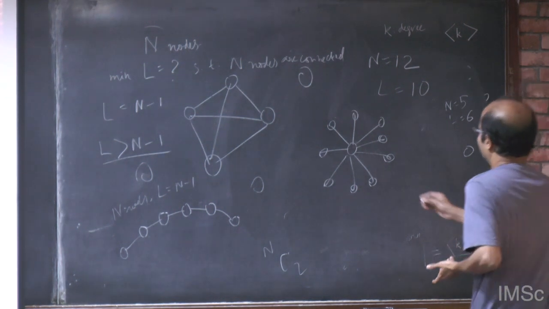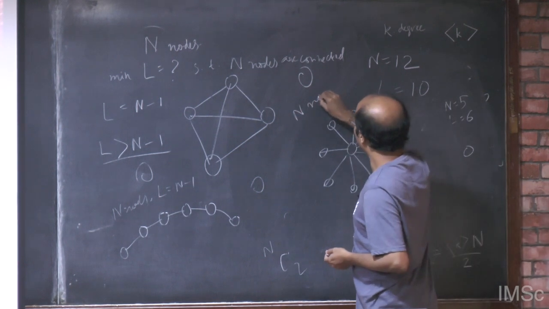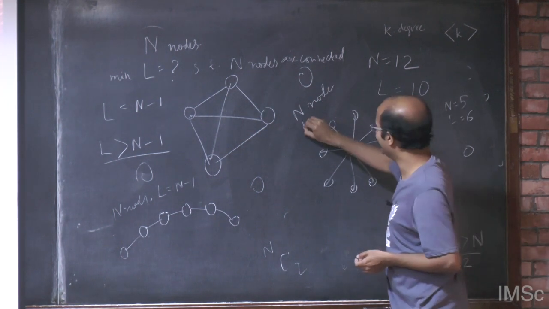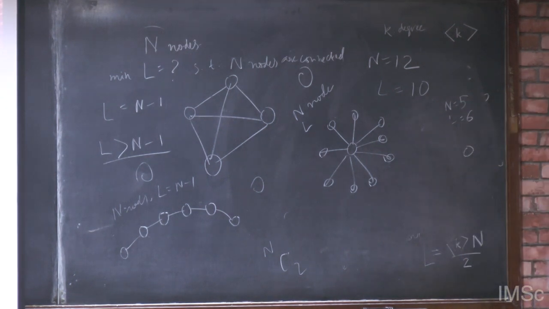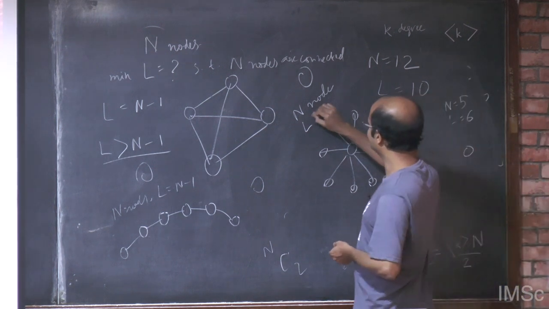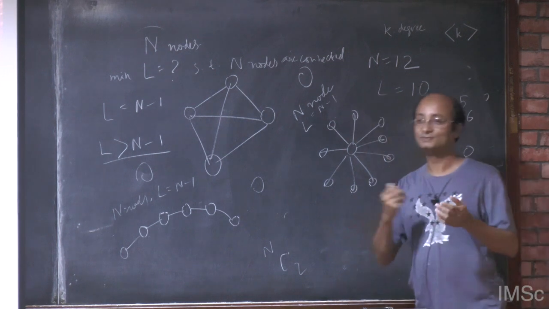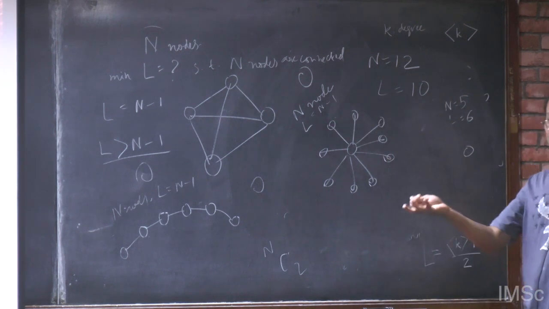If I'm calling the number of nodes n, what is L in the star configuration? Again it will be n minus 1, right? What's the average degree? Again it will be 2, because it just follows from L and N.